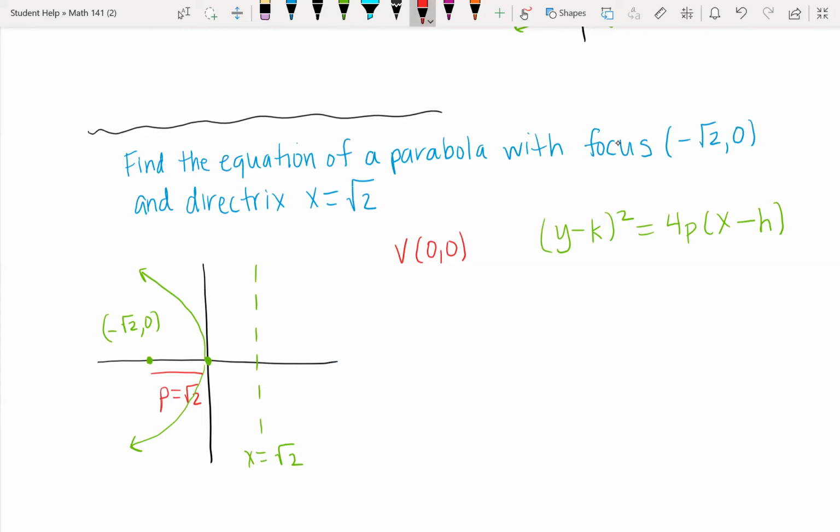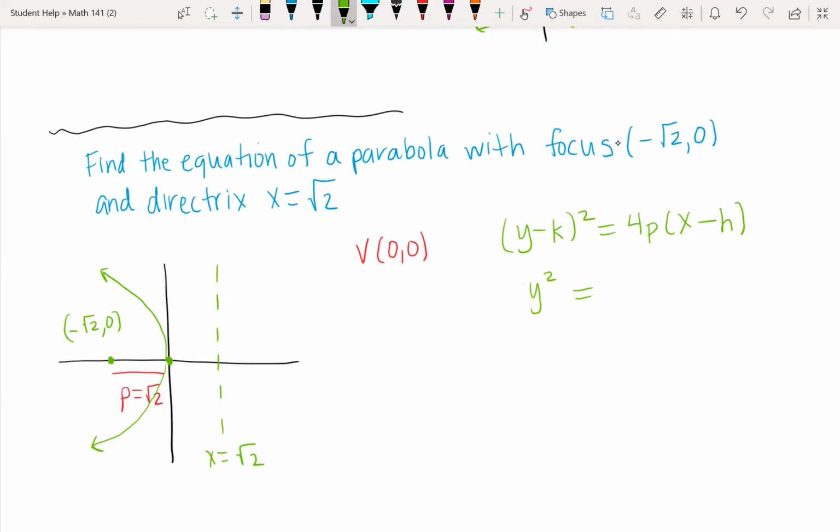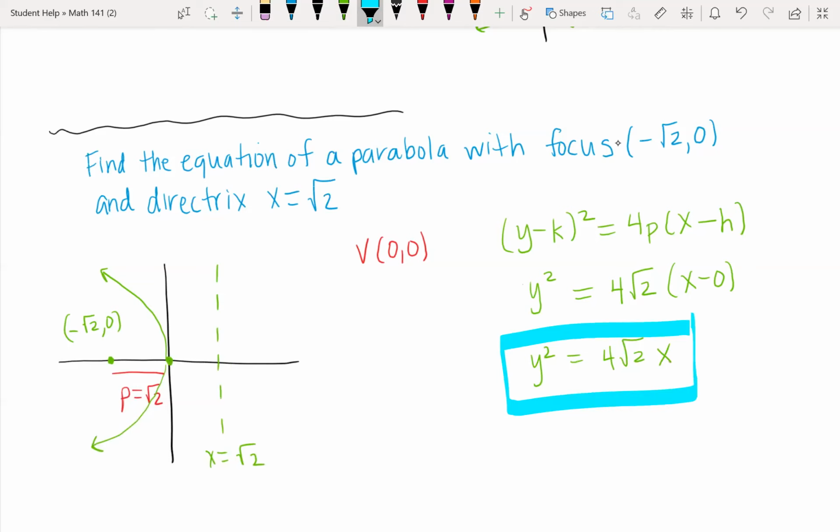So we have y squared equals 4. We know that p is the square root of 2. And h is also 0. So I have y squared equals 4 times the square root of 2 times x. That's the equation of this particular parabola.